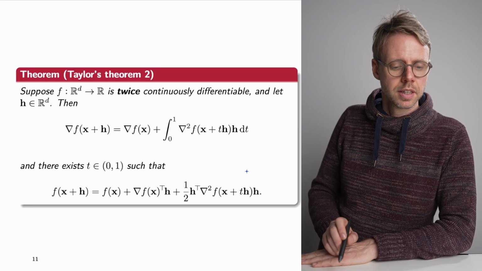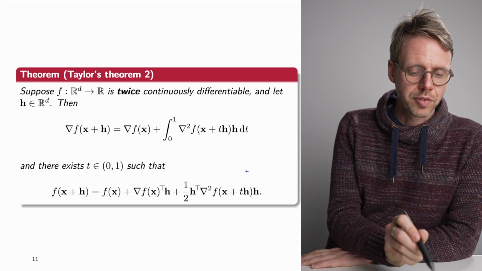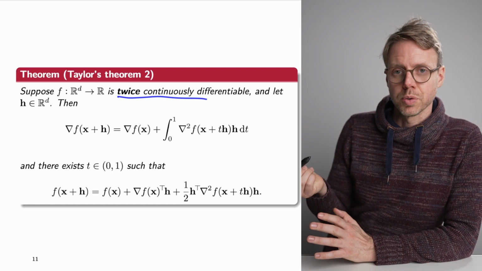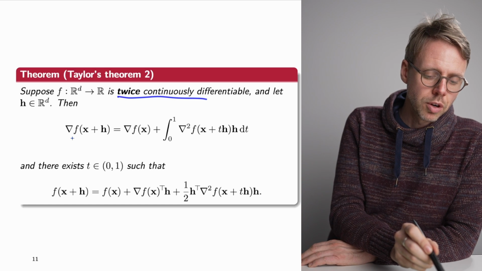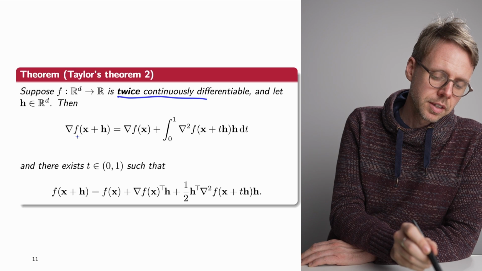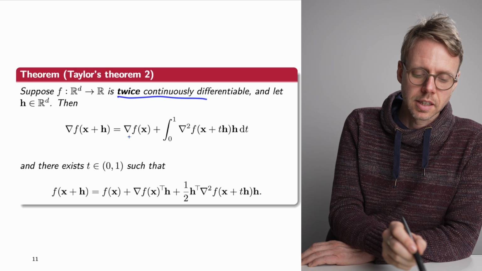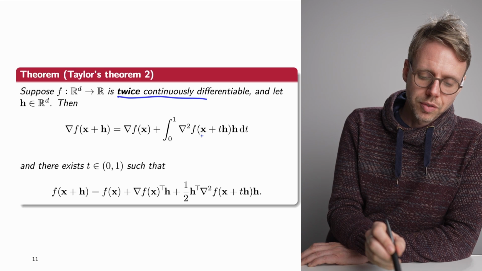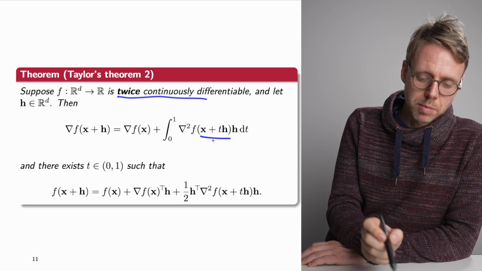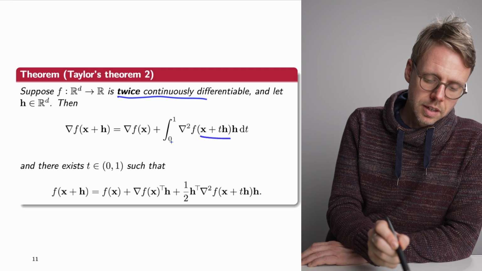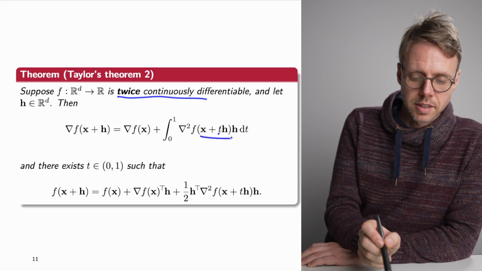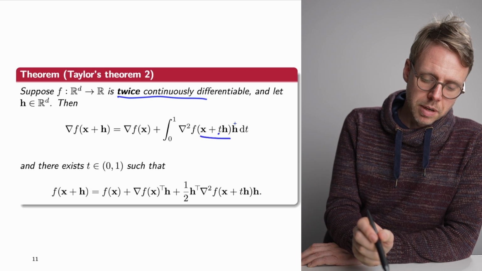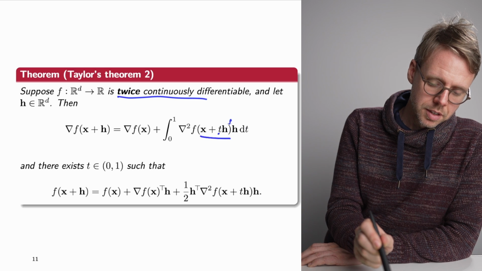Now the second part. If f is not just once but twice continuously differentiable, then we can use the fundamental theorem of calculus to compute the gradient at a point x plus h as the gradient of f at the point x plus the integral of this interpolating sum between x and x plus h, where we interpolate by letting this constant t go from 0 to 1, of the Hessian and multiplying the result by h.